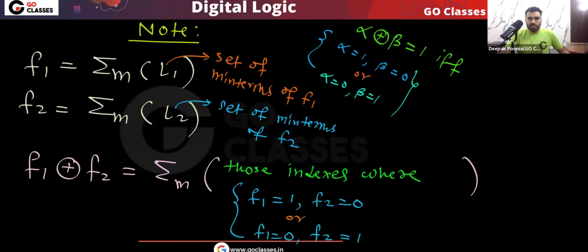Okay, do you agree? The same thing I can also write: I am looking for those indexes which are in L1 not in L2, or in L2 not in L1.